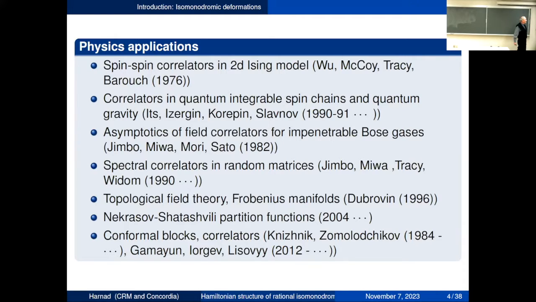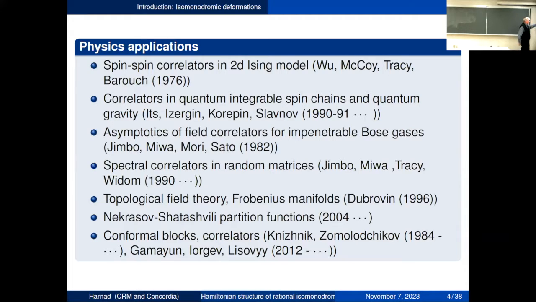Already in quantum mechanics and statistical theory, there are applications: integrable quantum spin chains and also quantum gravity, which seems like a totally unrelated subject, but both of those lead to Painlevé type equations and isomonodromic deformations. Already in the work of Jimbo and company, they studied field correlators for Bose gases, repulsive Bose gases, and there also the Painlevé fifth equation came up, and that turned out to be a key ingredient in the characterization of the correlation functions.